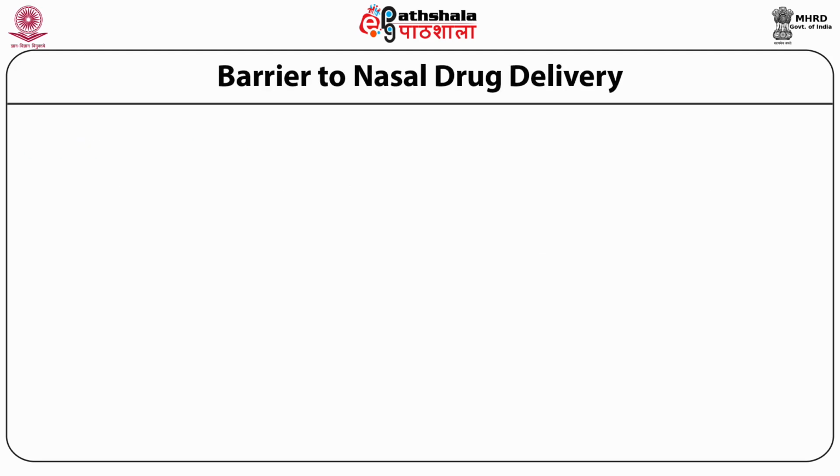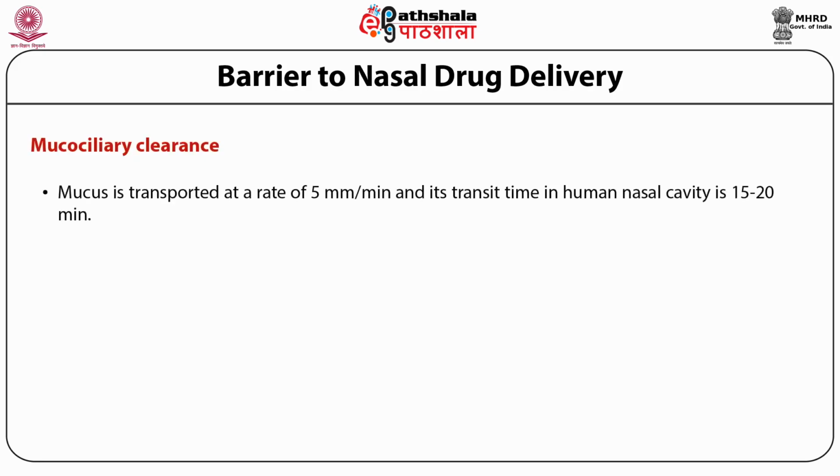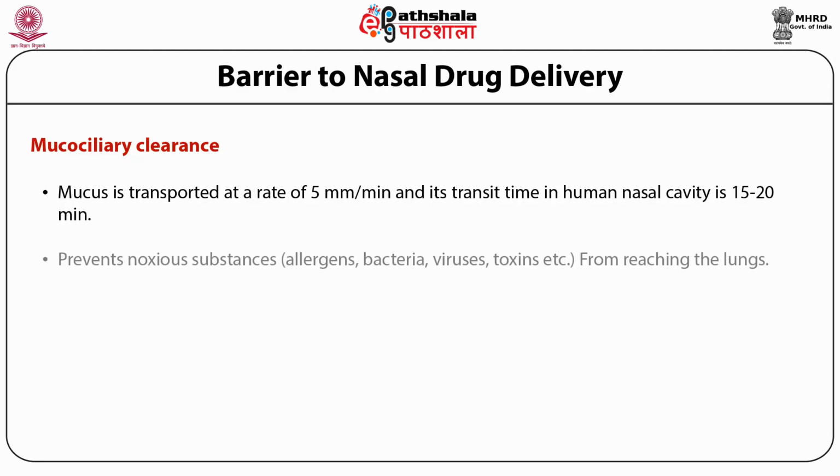The third barrier is referred to as the mucociliary clearance. The mucus is transported at a rate of 5 milliliters per minute, and its transit time in the human nasal cavity is 15 to 20 minutes. It prevents noxious substances like allergens, bacteria, toxins, and viruses from reaching the lungs, and hence this becomes a very important natural strength of all human beings.